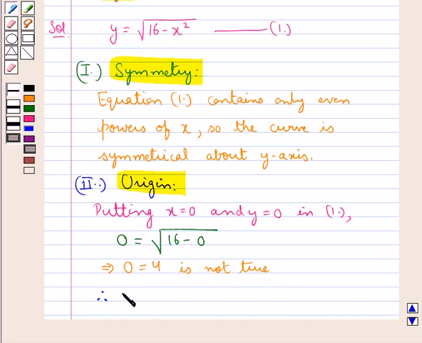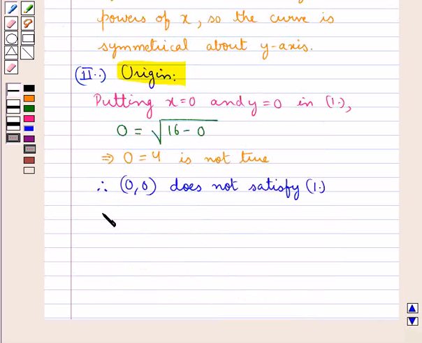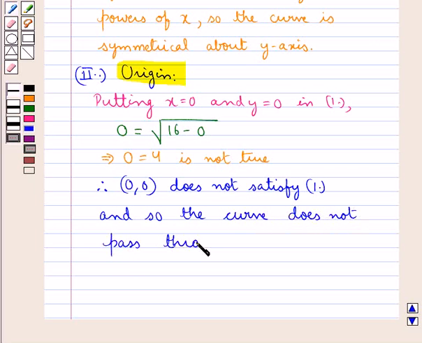Therefore, we can say that the point (0, 0) does not satisfy equation 1, and so the curve does not pass through the origin.